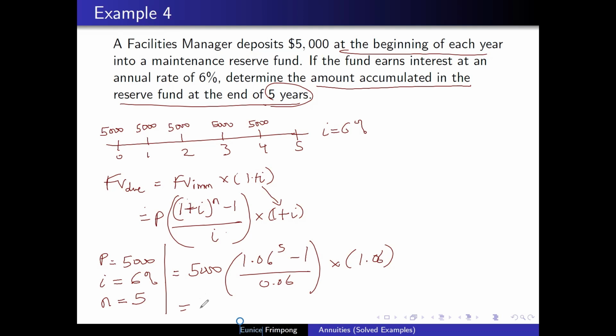So here, what is in the bracket is 1.06 to the power 5 minus 1, all over 0.06. And that is 5.6371. I'm going to bring this down, 5,000 times, and then times 1.06. So this times this times this.